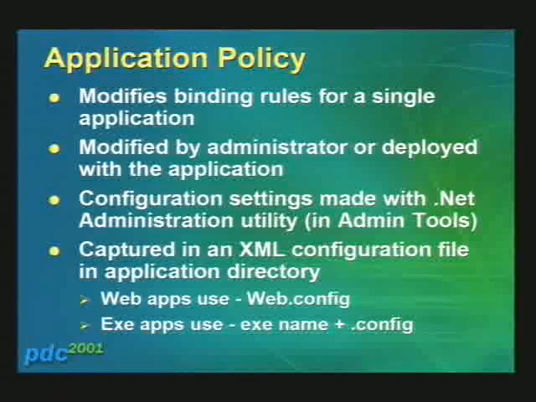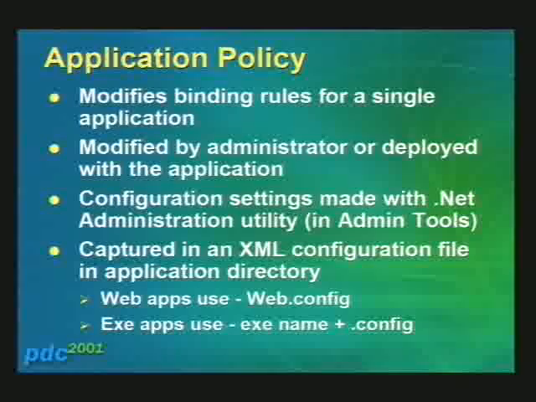What the tool does is actually generate that config file for you. So it is just an XML configuration file. If you want to do it by hand, you can absolutely do that. You don't need to use the configuration tool or the admin tool to do that. The config file has to be located in the application directory. It's the config file that contains these redirects, and it's typically named with the name of the exe.config.